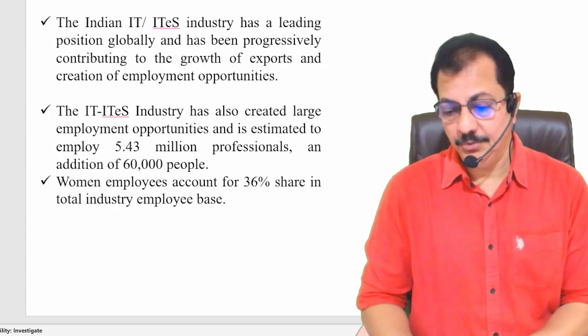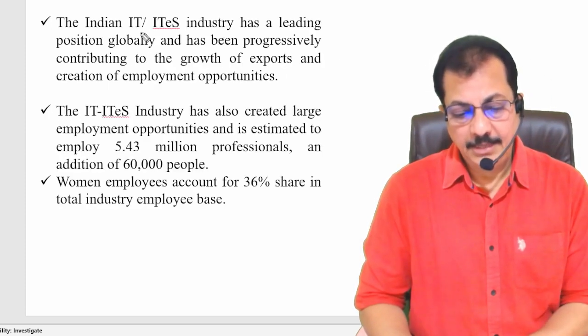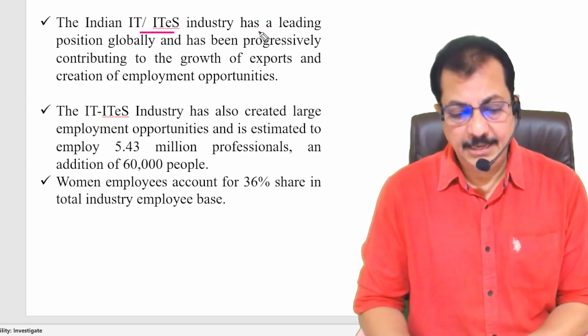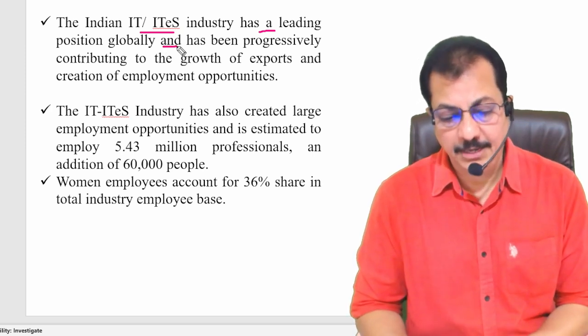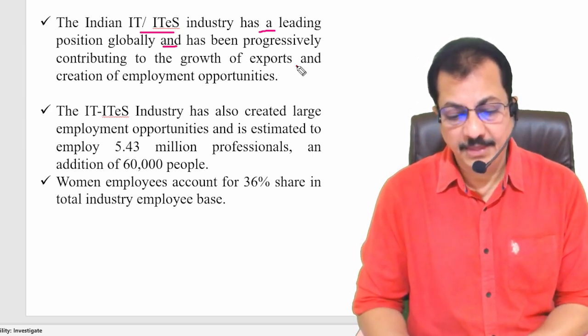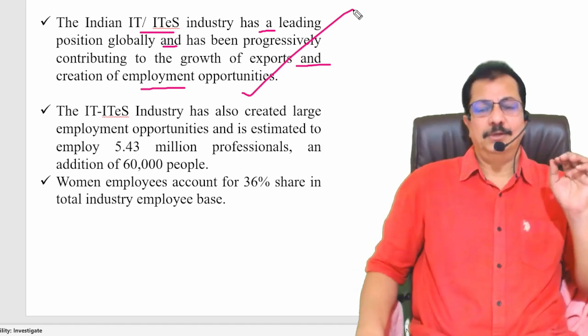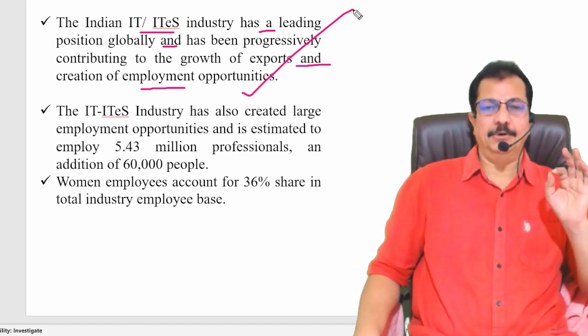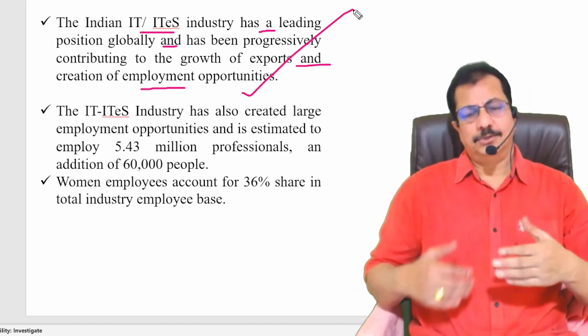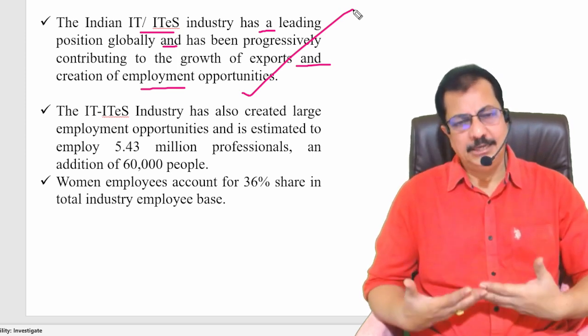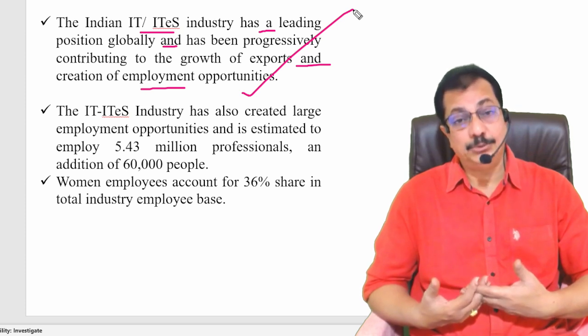Look at this. When it comes to India, the Indian IT and ITES industry has a leading position globally and has been progressively contributing to the growth of exports and creation of employment opportunities. Right? You're all aware of this one. So we are developing software, we are developing new applications, and they are being exported.